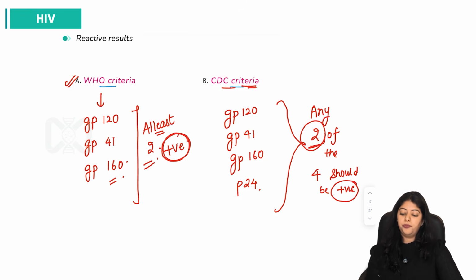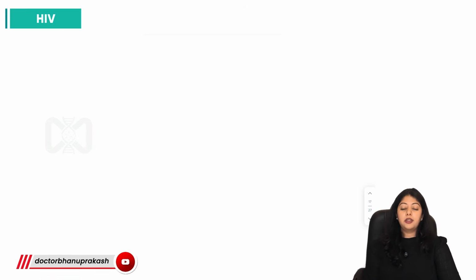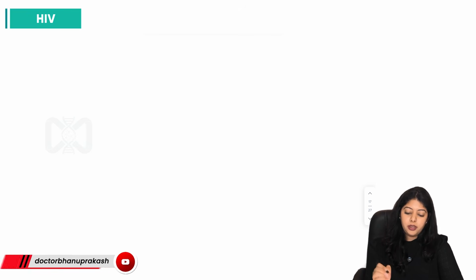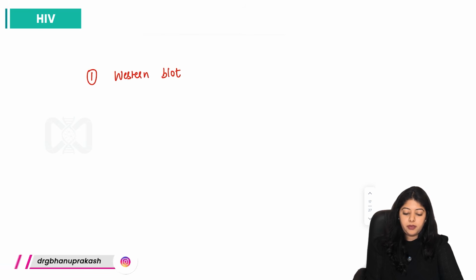Any 2 from all of these genes, right? Now let us talk about the other supplemental tests which are available. So one we have already spoken about, Western blot. The other one is line probe assay.